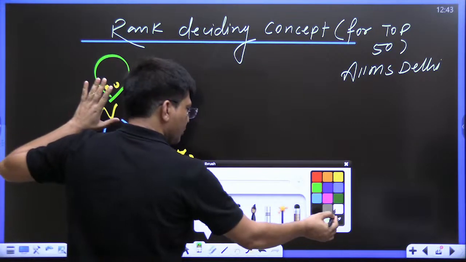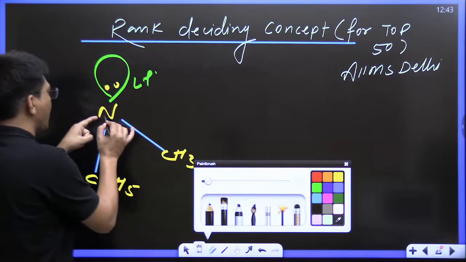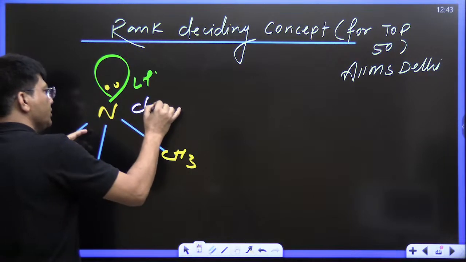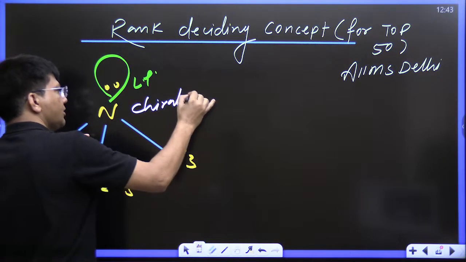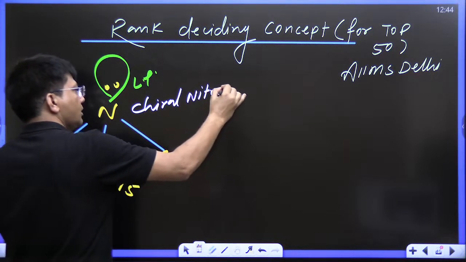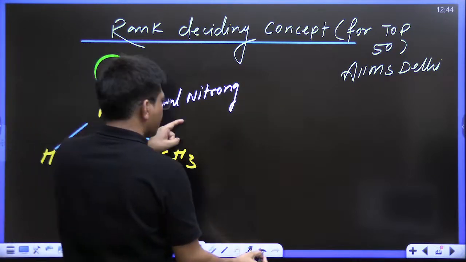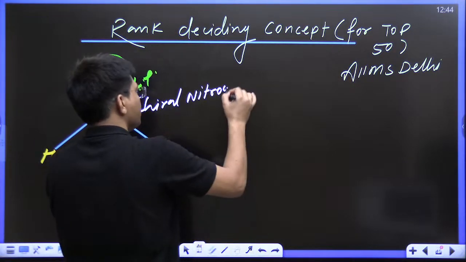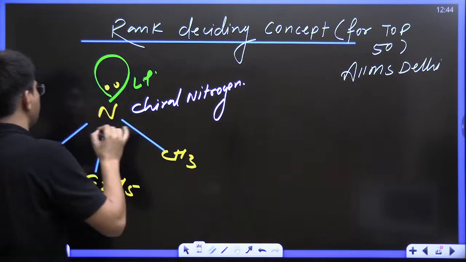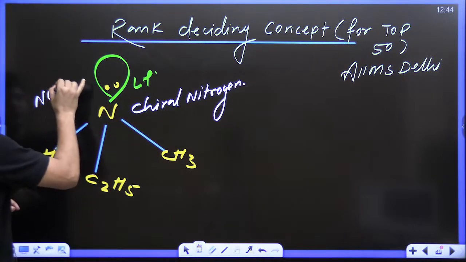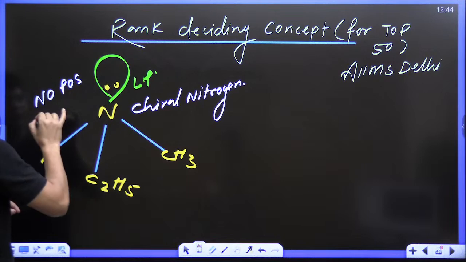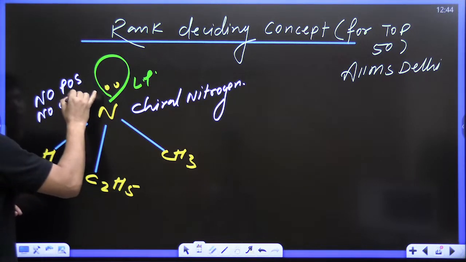So this nitrogen is a chiral nitrogen, and if there is a chiral nitrogen or chiral carbon, this compound has no plane of symmetry, no center of symmetry. POS means plane of symmetry, COS means center of symmetry.